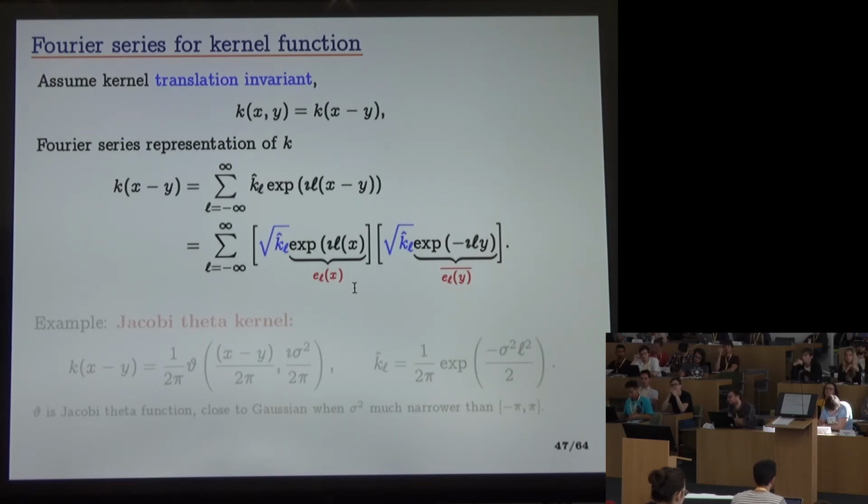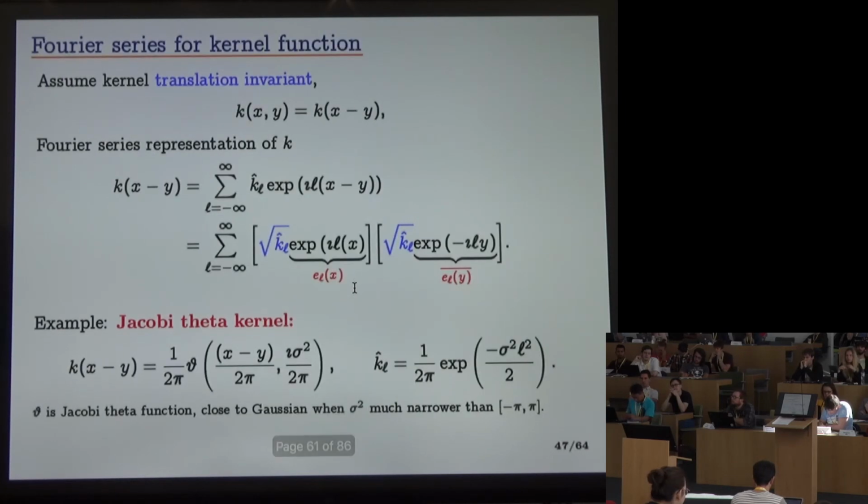Okay, so for this special case, I've constructed my kernel using a Fourier argument. Now, here is a really nice kernel. It's the Jacobi theta kernel. It's using a slightly peculiar notation here, but what this kernel is, is a version of the exponentiated quadratic kernel for compact domains with periodic boundaries. Remember, I'm on the domain minus pi to pi. I'm assuming a periodic boundary, so when I hit minus pi and keep going, I just get pi.